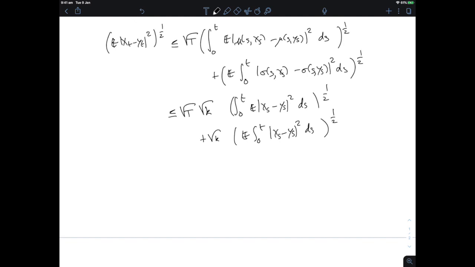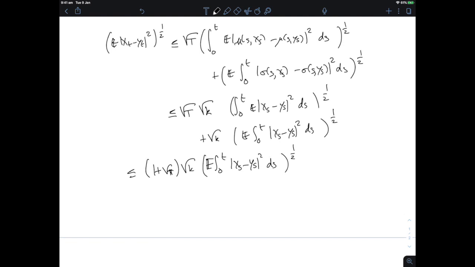Putting these two things together, this is all smaller than (1 plus square root of T) times square root of k times the L2 norm of the integral from 0 to t of Xs minus Ys. So let's write it more like this: the expectation of the integral of (Xs minus Ys) squared ds, all of that raised to the power 1/2.